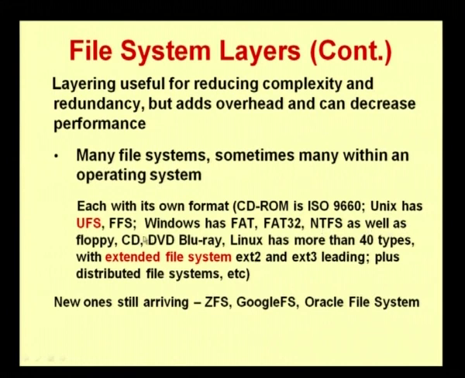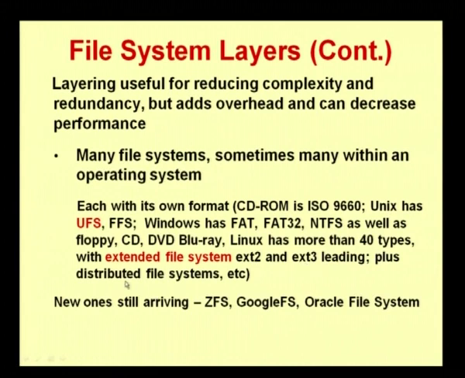As well, we have other file systems for removable drives such as floppy drive, compact disk or CD drive, digital versatile disk, and Blu-ray device, and these are the devices that are supported in Windows. And Linux has more than 40 types, with the extended file system with extensions such as ext2 and ext3.